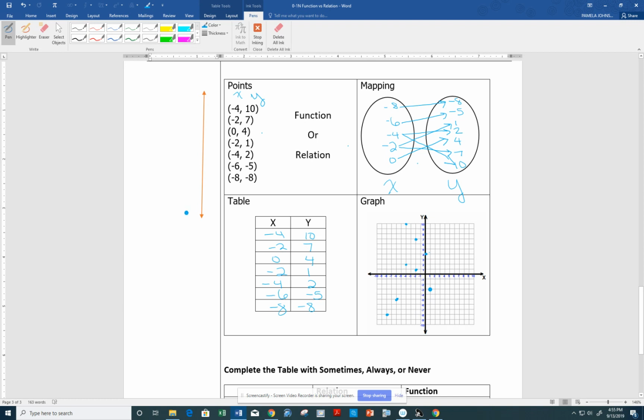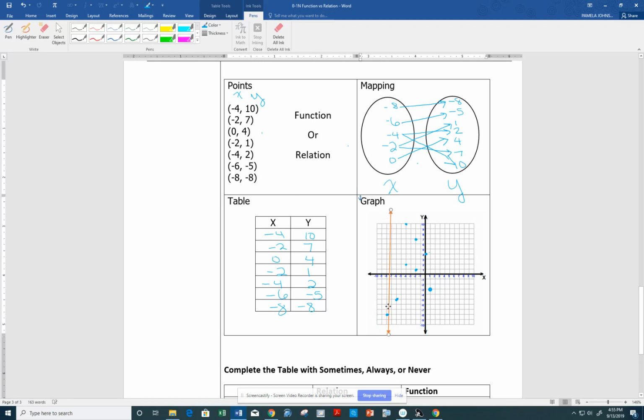And now if we take our vertical line, let me make sure it's vertical first. It's about as vertical as I'm going to get it right now.